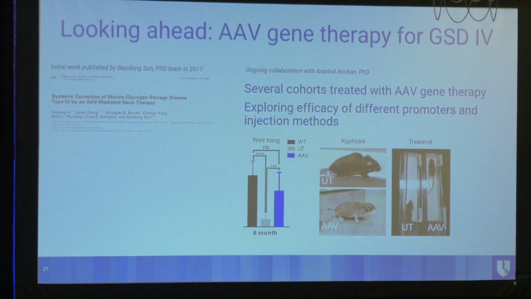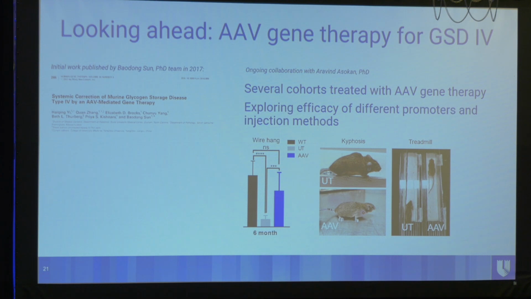And so at this point, there are therapeutic interventions in the works. One of them is an example using AAV gene therapy to replace the missing enzyme for GSD4, or editing, because there are certain genetic variants which are more common in GSD4, or taking another step.